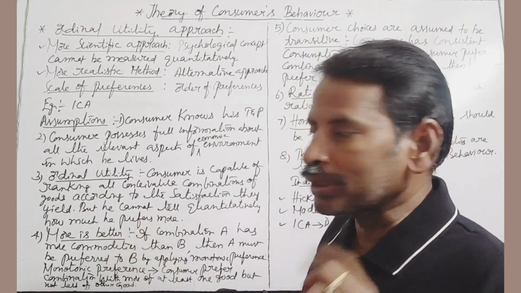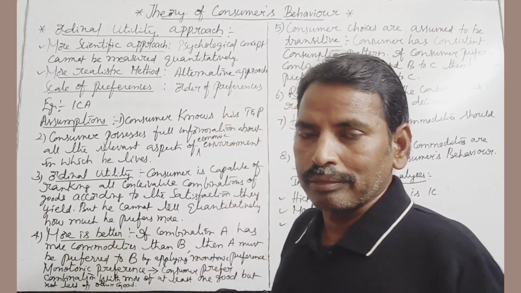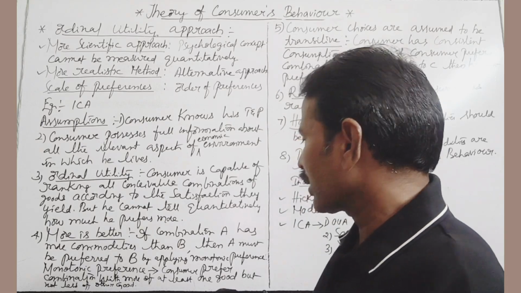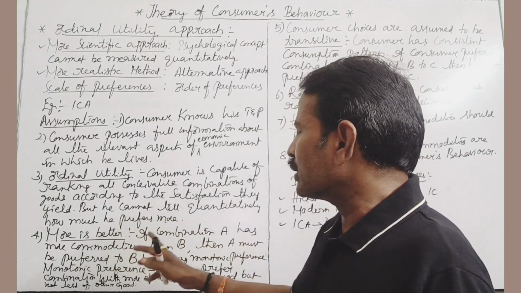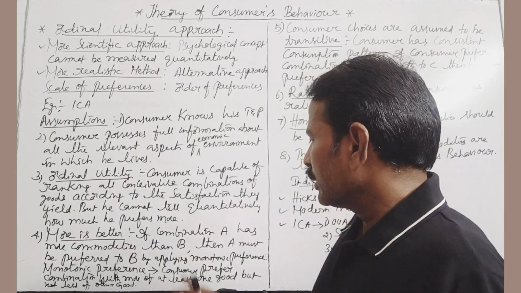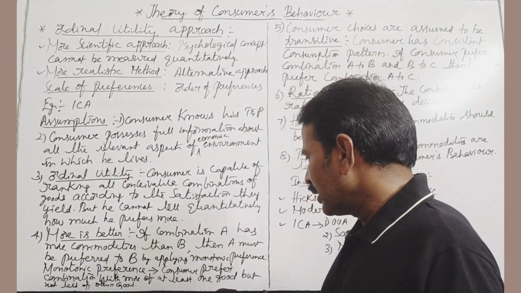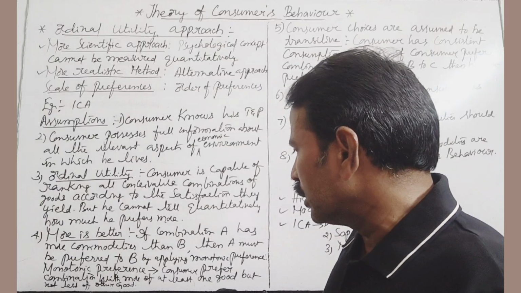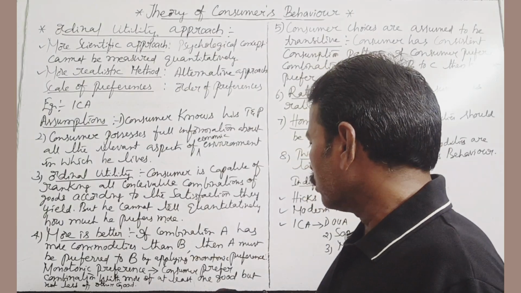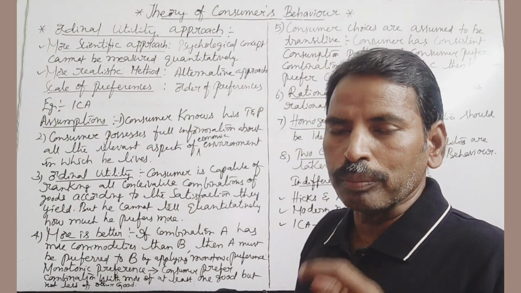Next, the fourth assumption is more is better. If combination A has more commodities than B, then A must be preferred to B by applying monotonic preference.